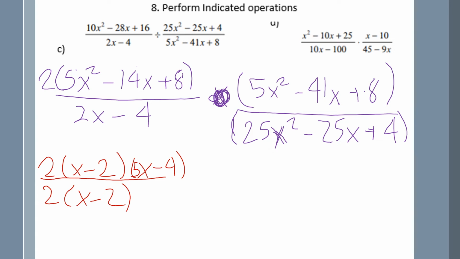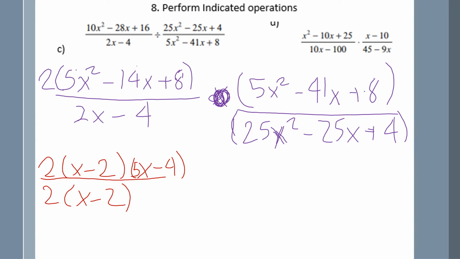Back to this. I'm working the numerator on the right hand side now. In purple, I rewrote it because I flipped it, well, reciprocated it. All right, let's do it.